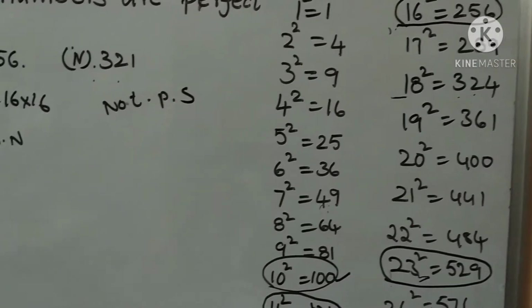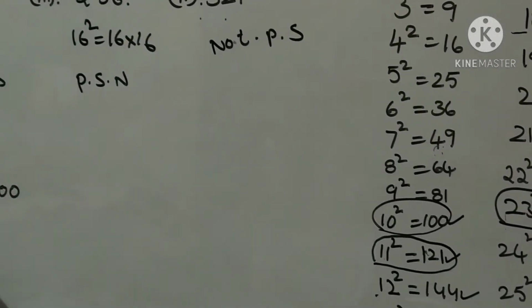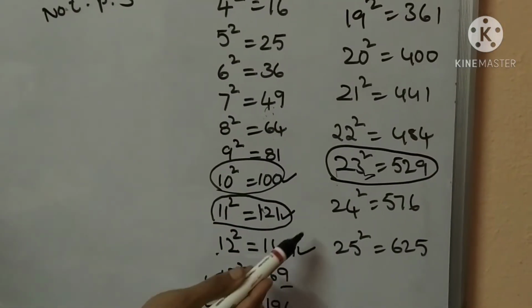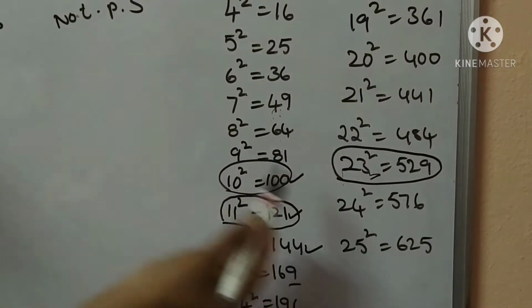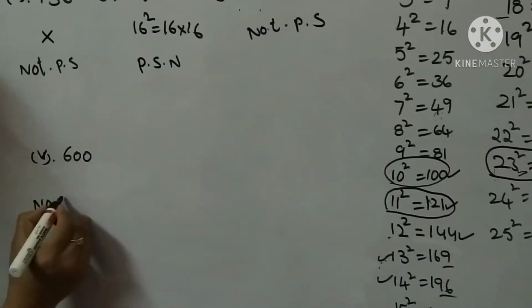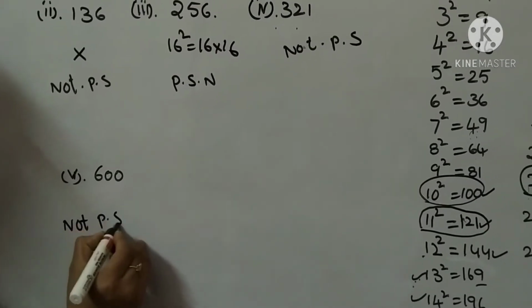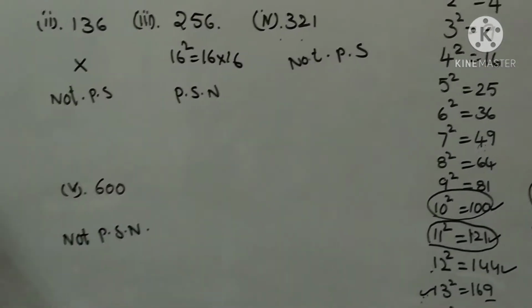Okay children. Next, the fifth one is 600. Observe the square numbers. Is 600 there? No. So it is also not a perfect square number. Did you understand, children?